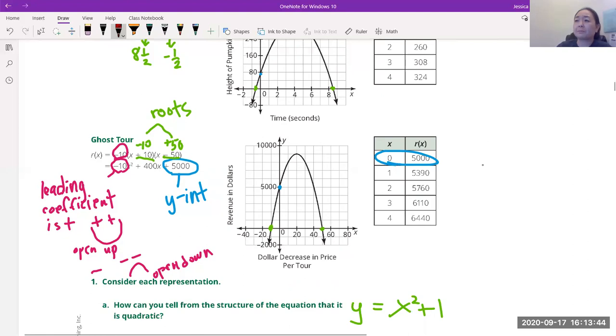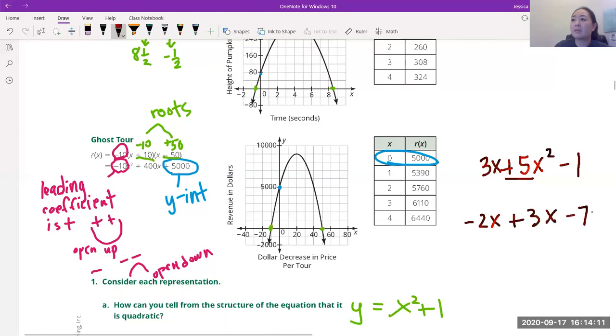For example, if I wrote 3x plus 5x squared minus 1, the leading coefficient here is 5 because it's in front of the variable that has the highest exponent.